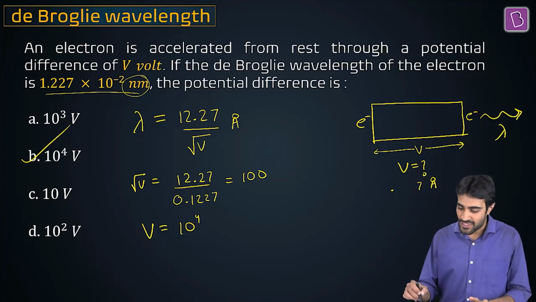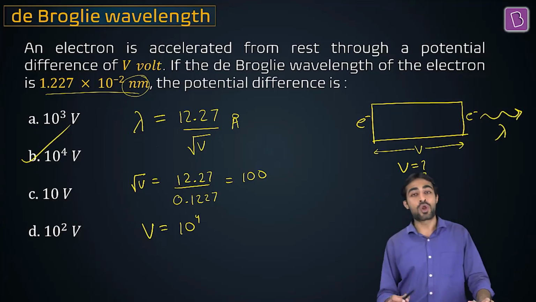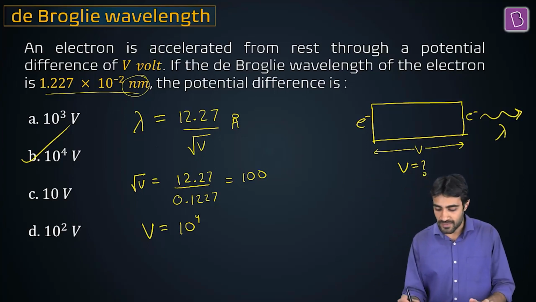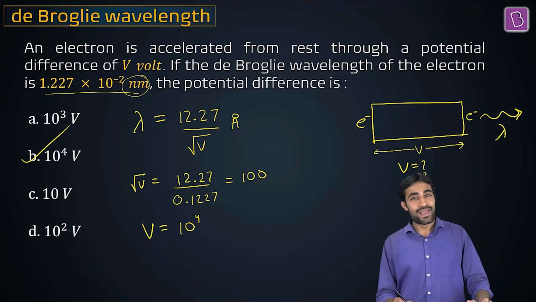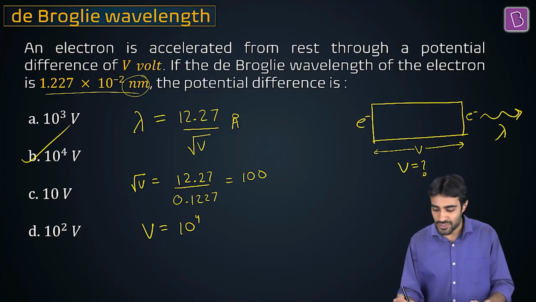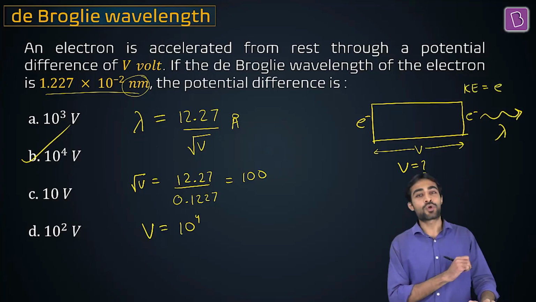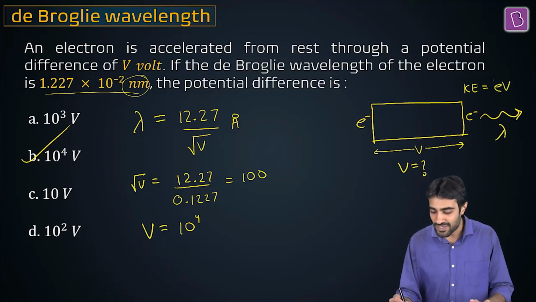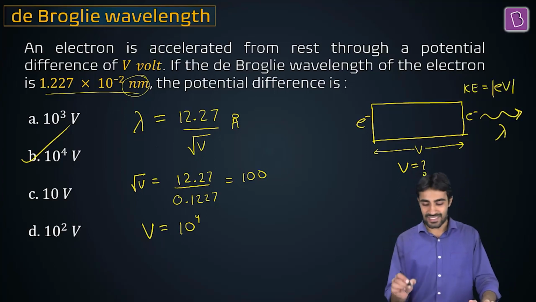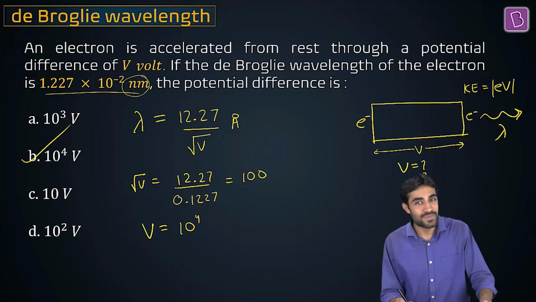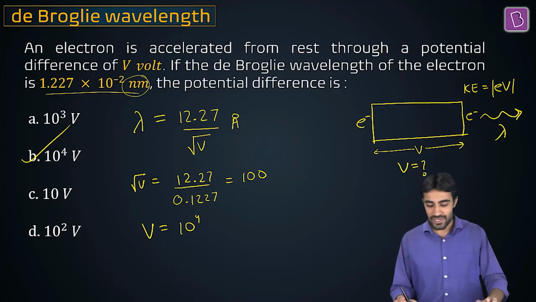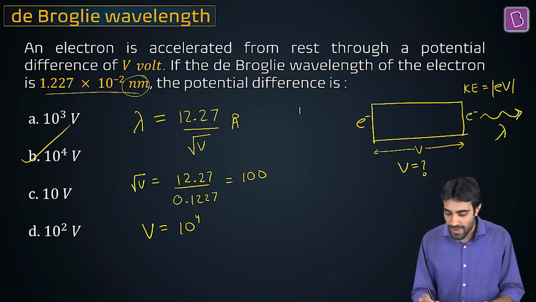So you can imagine that when the electron comes out of this potential difference V, we have the final kinetic energy of the electron as charge of the electron e times the potential difference V. So this is the kinetic energy of the electron. Now we can write the kinetic energy in terms of momentum.